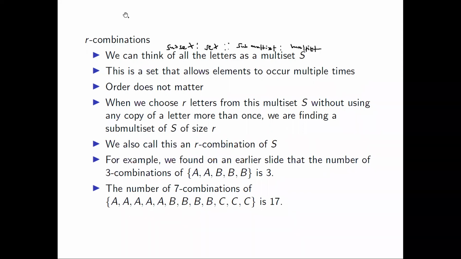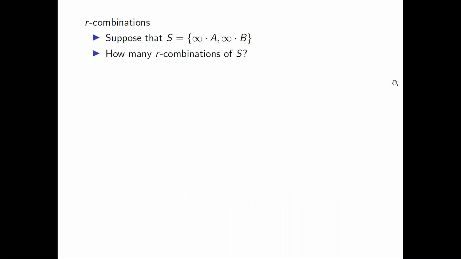Let's look at some others. So let's consider an R combination where our multiset, S, has infinitely many A's and infinitely many B's. We want to figure out in general, for any R, how many R combinations there are of S. So we'll use the same method we used on the previous slides.